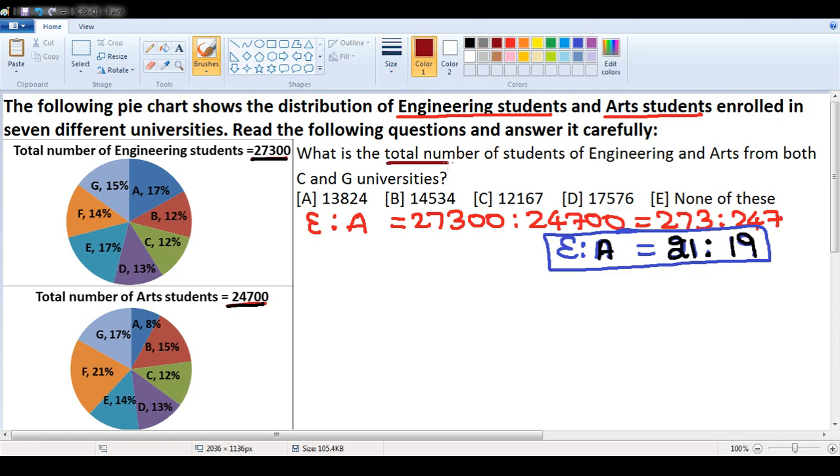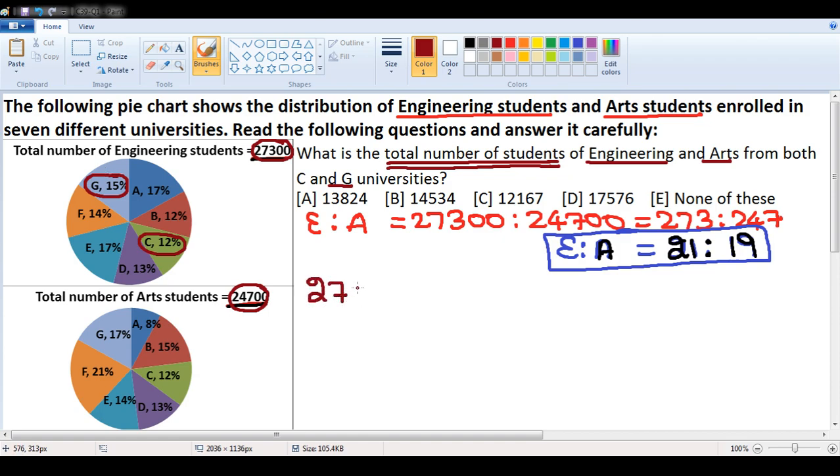What is the total number of students of engineering and arts from both C and G universities? Now, because the question is asking for the exact number, which is not a ratio or a percentage format, definitely I should make use of these actual numbers. 27,300, 24,700. C and G. Engineering in C is 12%, G is 15%, 12 plus 15 is 27%.